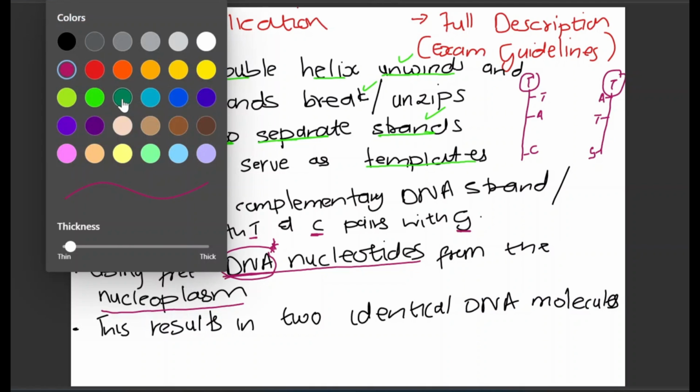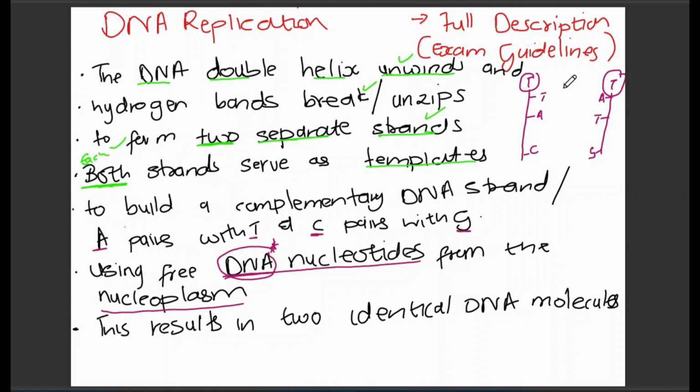Now I'm going to use a different color. So we're going to build a complementary strand that will complement this template strand, and we're going to build another complementary strand that is going to complement this template strand. So let's look at this one. So A will be complemented by T, then here we'll have A, and here we're going to have C. Remember, we don't talk about U here because it's all about DNA, nothing to do with RNA.